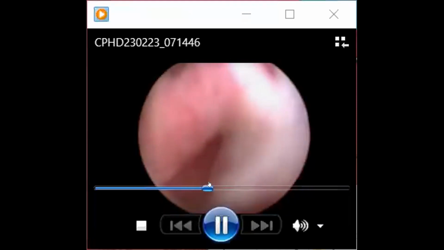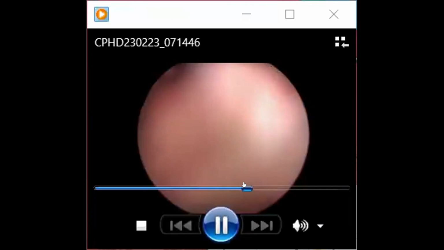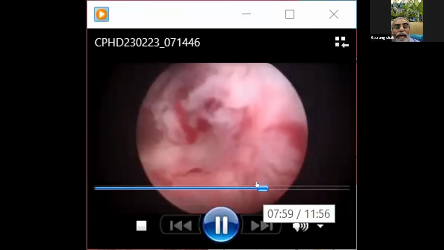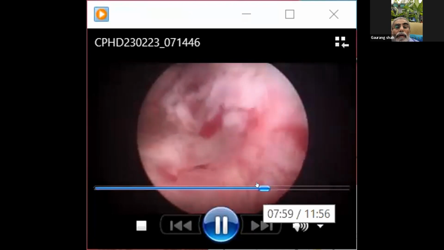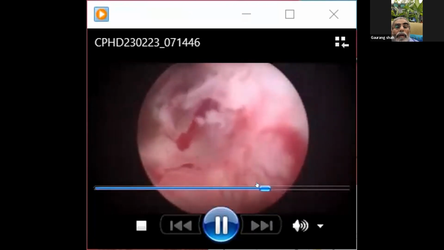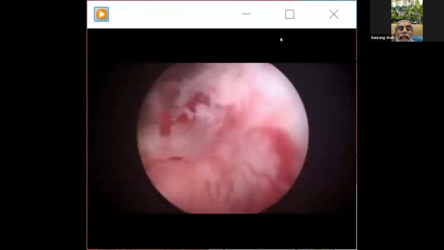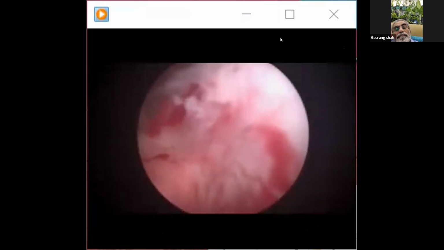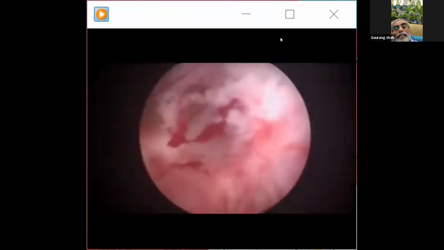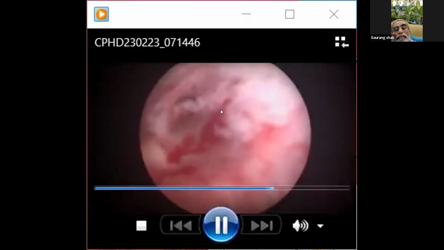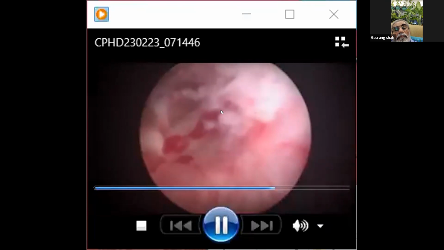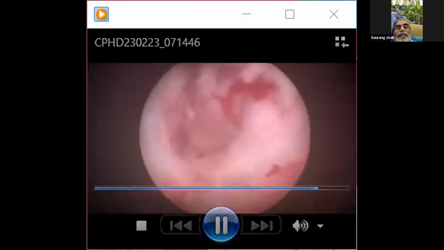We are not able to see the verumontanum from here. We tried to pass the guide wire, anything, but nothing was going.